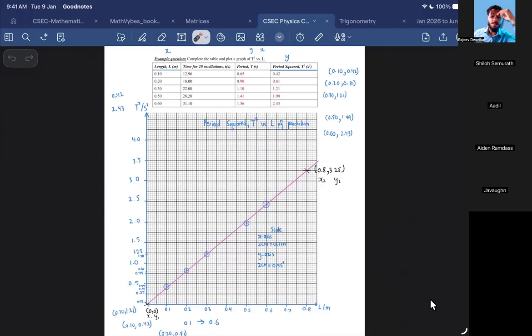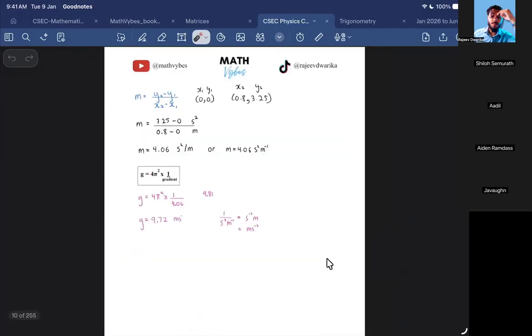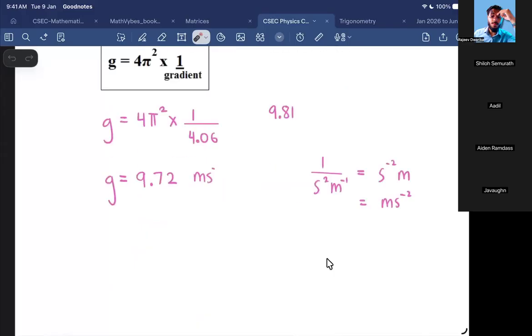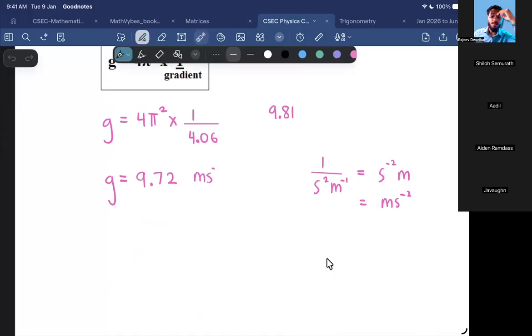Did we do this or no? We got g to be 9.72. Just confirm that in your notes. Yes or no?